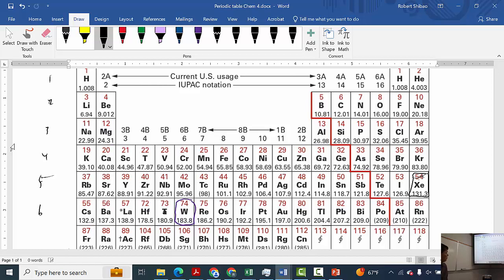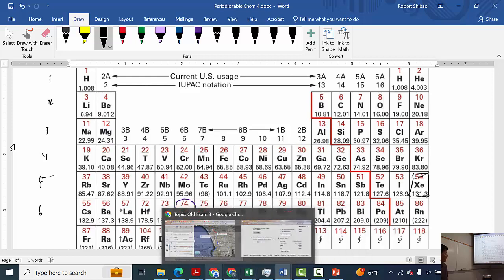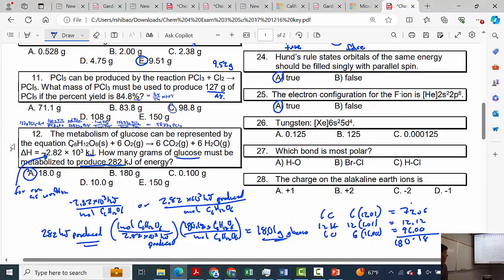We'll fill up the fifth shell, which is filled with xenon. So we go from xenon, then it would be 6s2. But take a look at what happens to the numbers: 4f and then 5d. There should be a 4f in there, but 4f is on the bottom of the chart. So this is false.